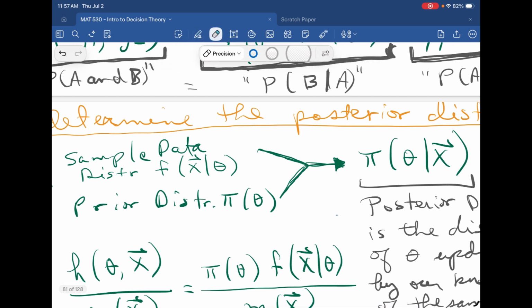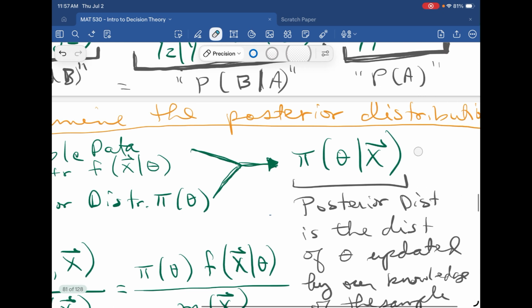So the idea is that we take our sample data and the distribution of our sample data given theta, that's known. And then also we have some prior distribution on theta. And then we want to combine those together and get an updated distribution, essentially, based on the data.